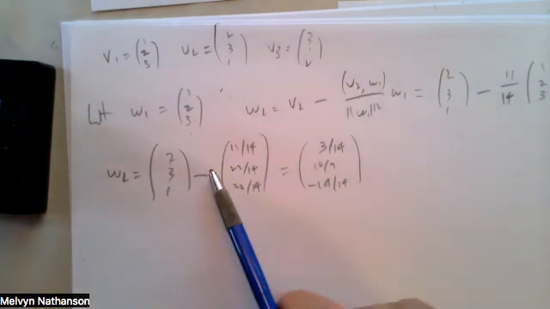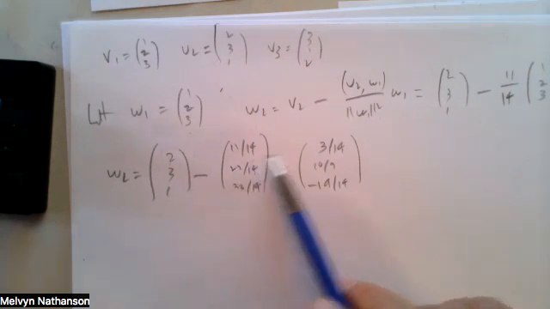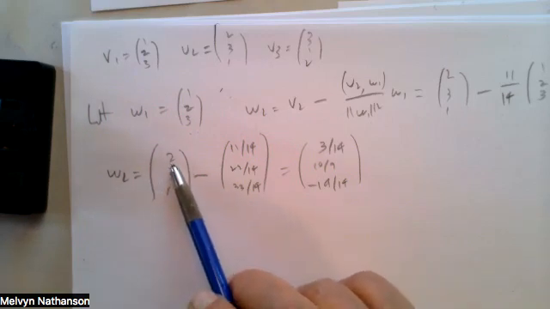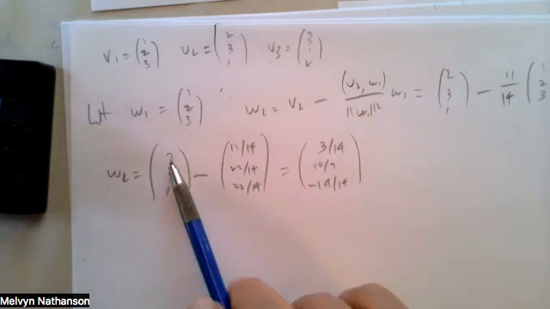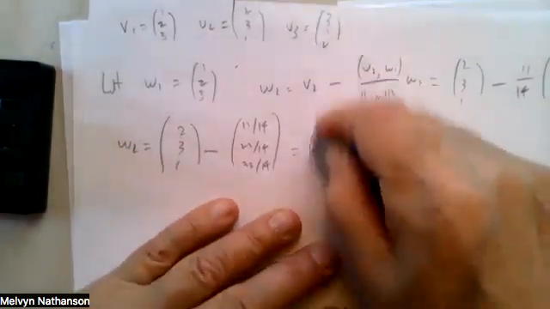Oops, I did my arithmetic wrong. This is 2 is 28 over 14 minus 11 over 14.